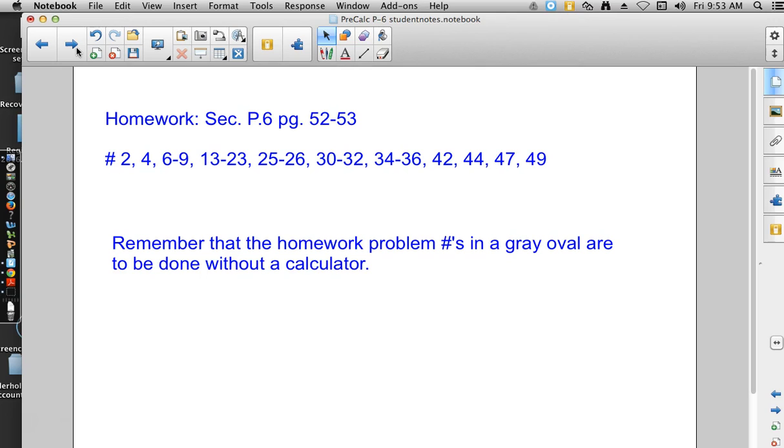I can just use my calculator for this. But in here, we're going to want to see everything by hand. So 2, 4, 6 through 9, 13 to 23, 25 to 26, 30 to 32, 34 to 36, 42, 44, 47, and 49.